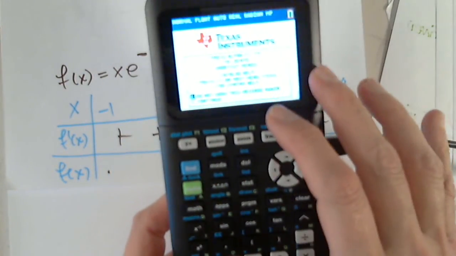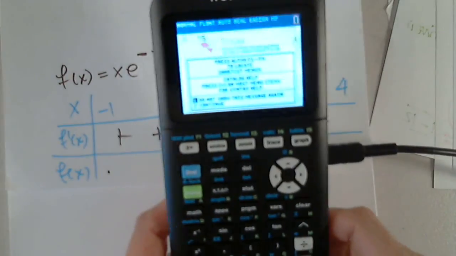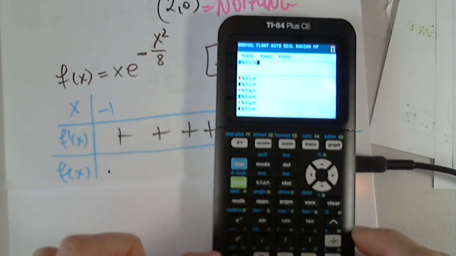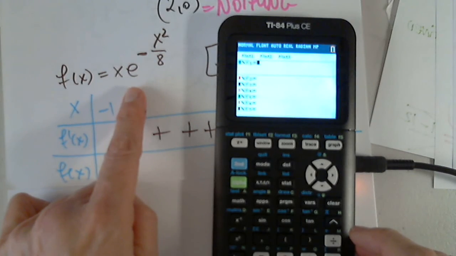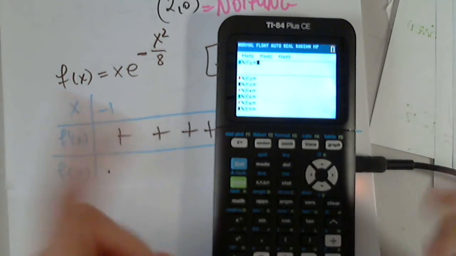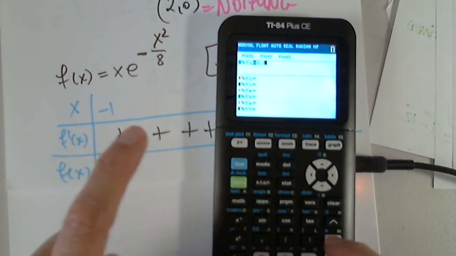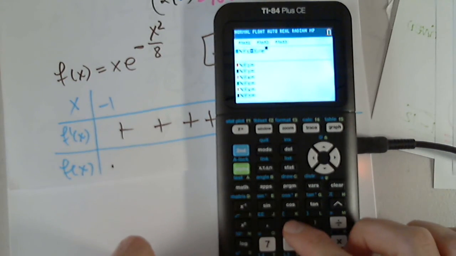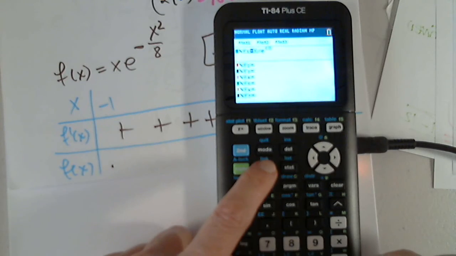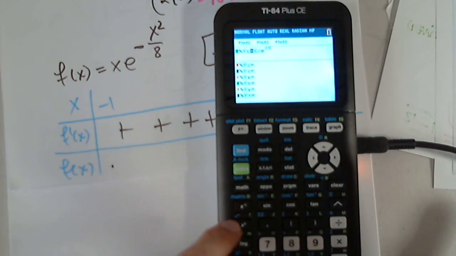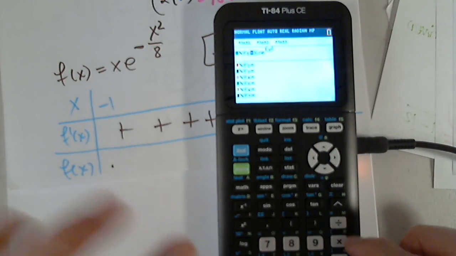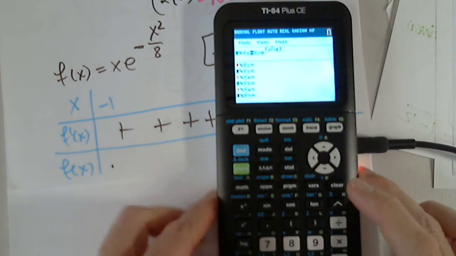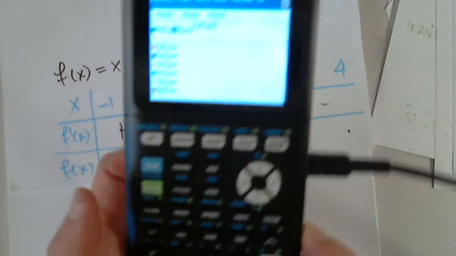In y equals, I have x. You can put x over if that's what you want, or x times. I will put x over e, and I will put in parentheses. You know me already. It's possible that some calculators don't need parentheses, but once you get used to a certain thing, it's kind of difficult to change.